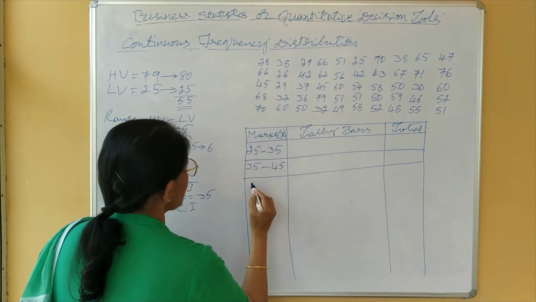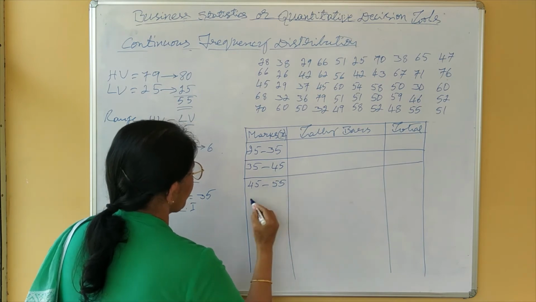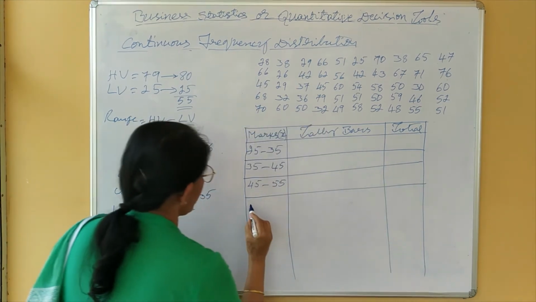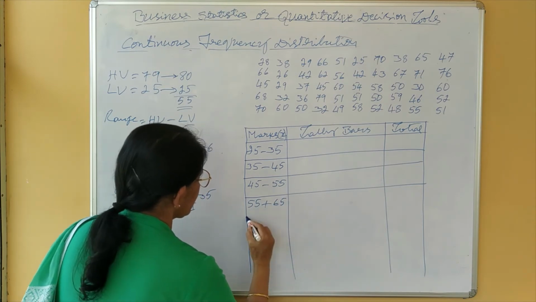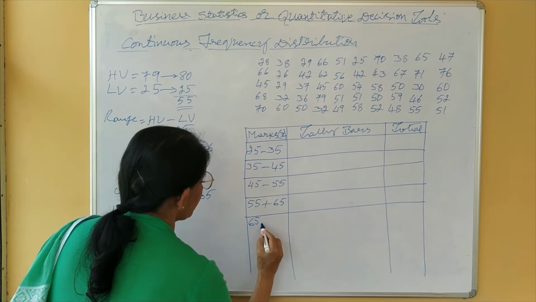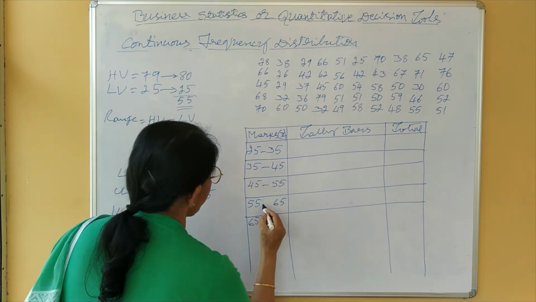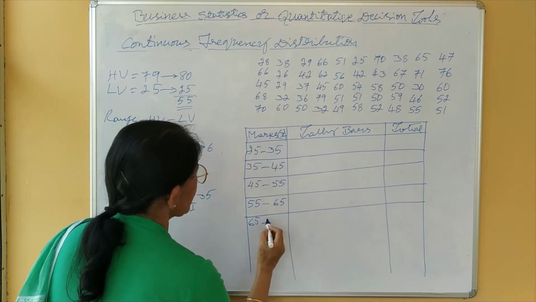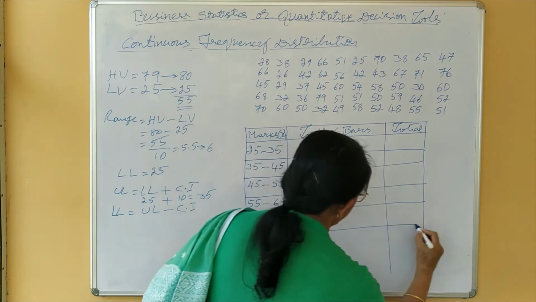Next, 45 plus 10, 55. 55 plus 10, 65. 55 to 65, then 65 plus 10, 65 to 75.